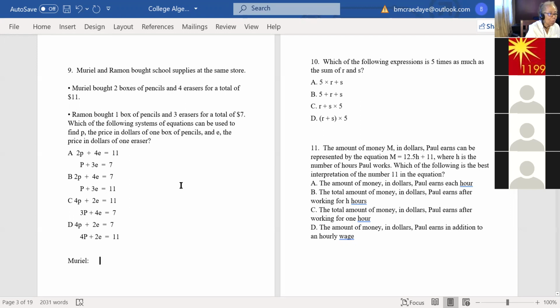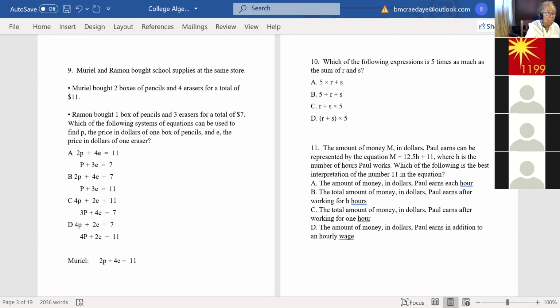Okay, so how would I write Muriel's as an equation, Latoya? What would I write? 2P. Okay, 2P, what? Plus 4E. And what's that equal to? 11? Yeah, that's it. She spent $11, so that's 11.